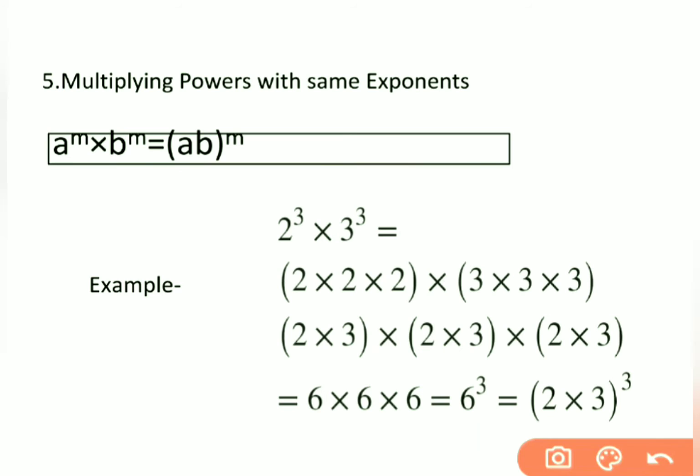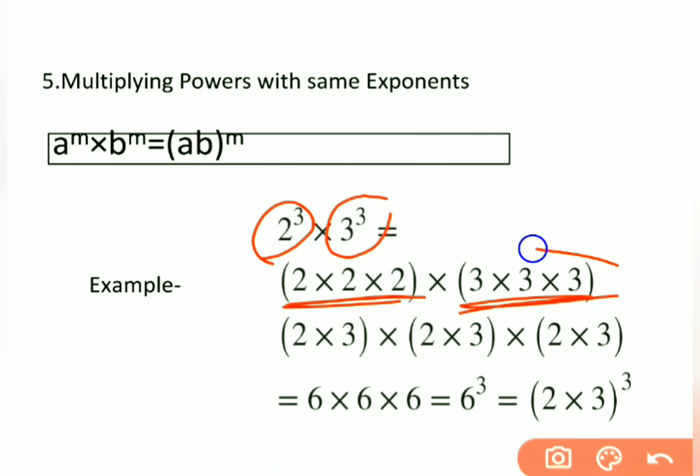So multiply 2 raised to the power 3 by 3 raised to the power 3. Here you will see that the bases are different but the exponent is the same. 2 raised to the power 3 means 2 is to be multiplied by itself 3 times, and 3 raised to the power 3 means 3 is to be multiplied by itself 3 times.